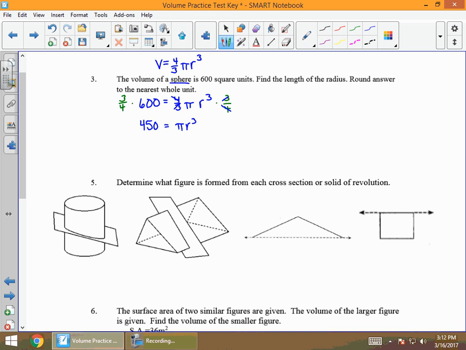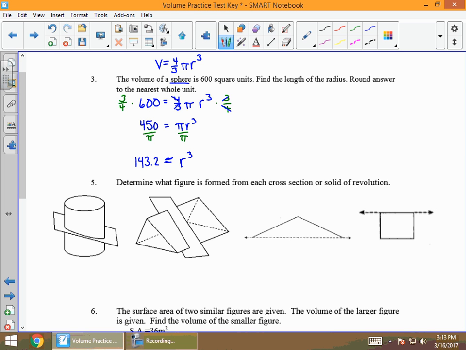450. And then I have to get rid of pi. Divide both sides by pi. That'll give me r cubed. It's like 143.24. Something like that.